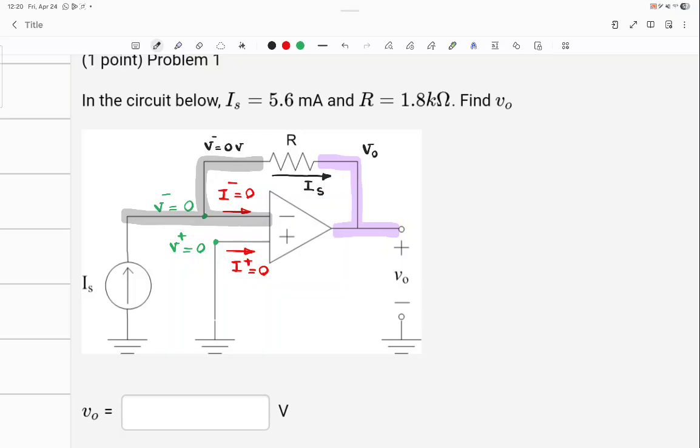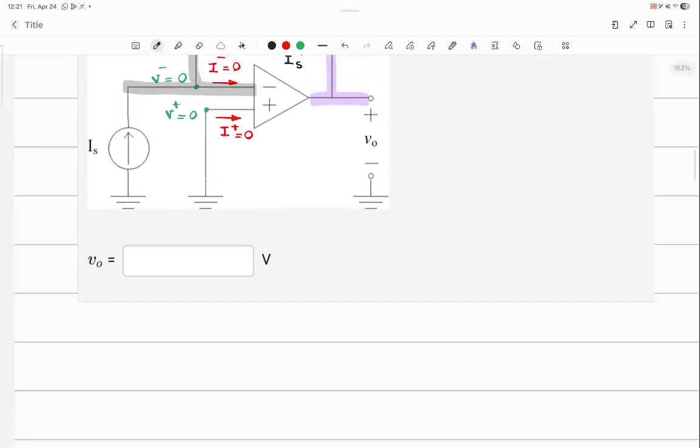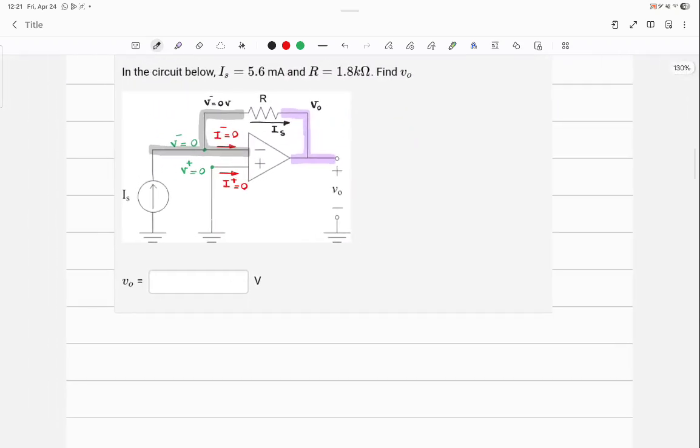Now, what am I trying to find? VO. What do you suggest? Do you want me to redraw that part? Maybe that rings a bell.